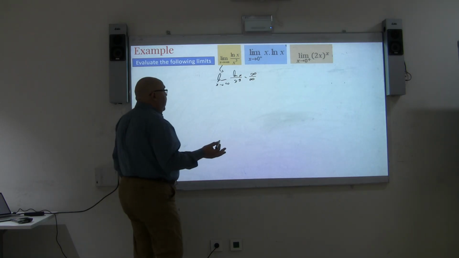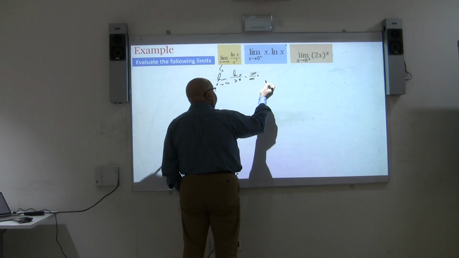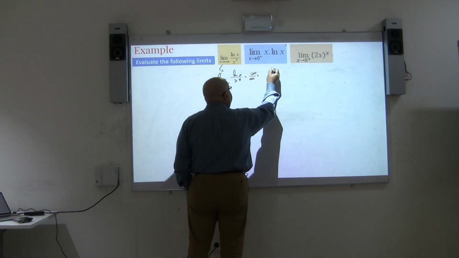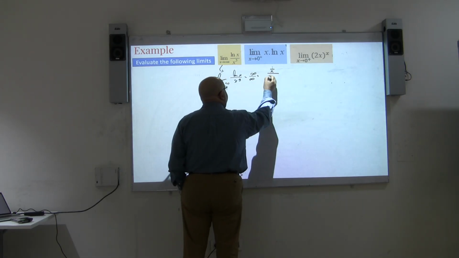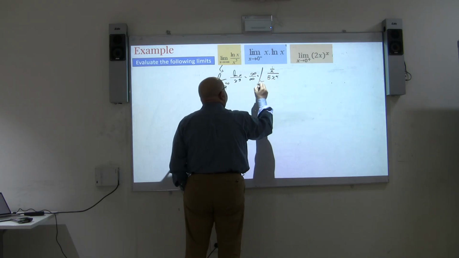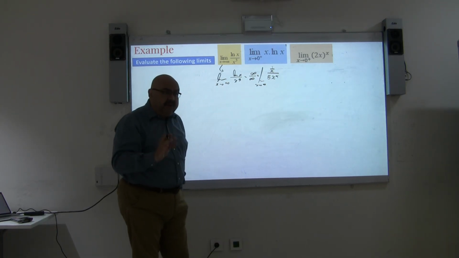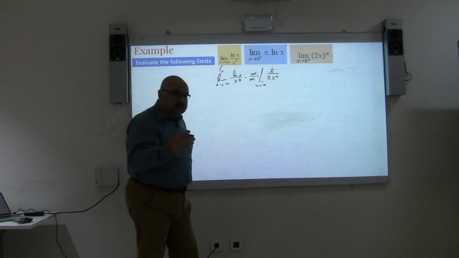So simply, all I have to do is differentiate the numerator and differentiate the denominator. Differentiating the numerator will give you 1 over x, and differentiating the denominator is going to be 5x to the power of 4. Don't substitute for the time being. Just my advice to you, simplify it first, then start substituting.